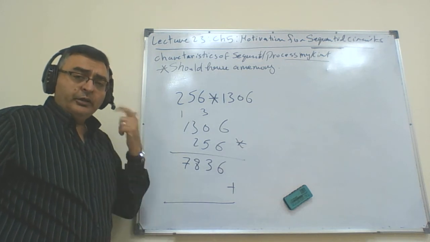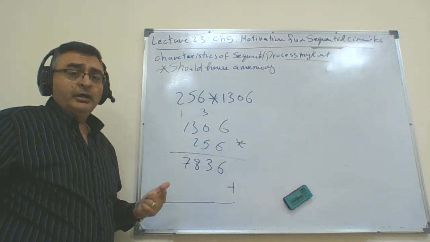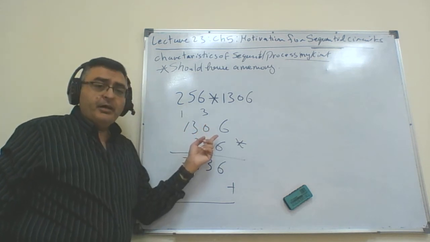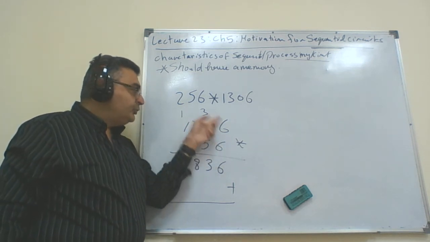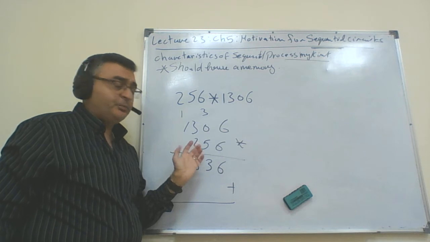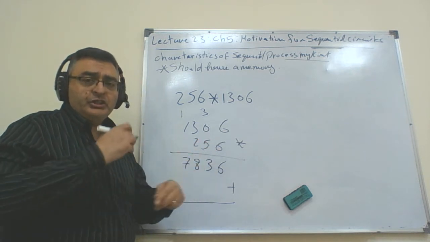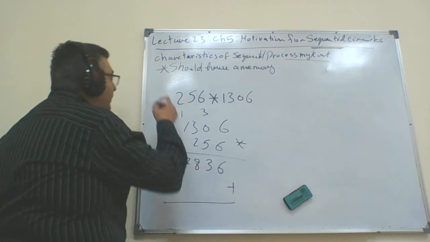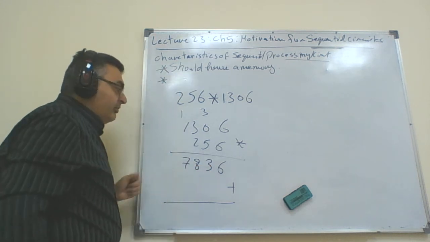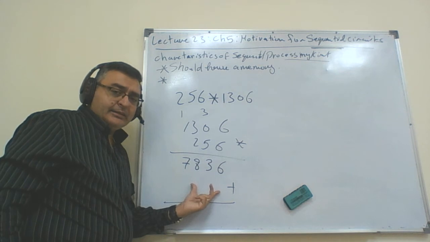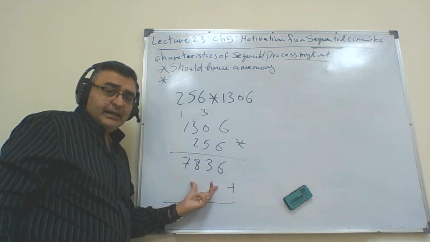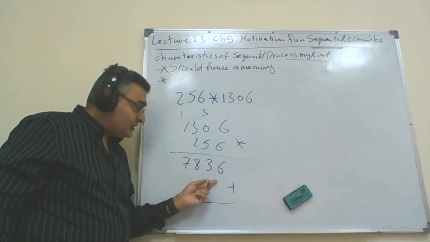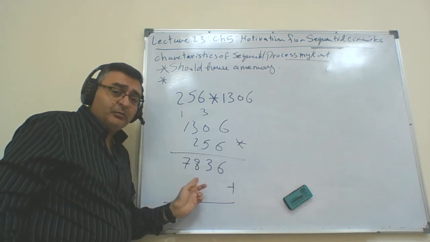Characteristic number 2 is that I do not do the operation at once, but I go in a sequence of steps. So the result that I get is an intermediate result. This is not the final answer. This is just part of the multiplication.